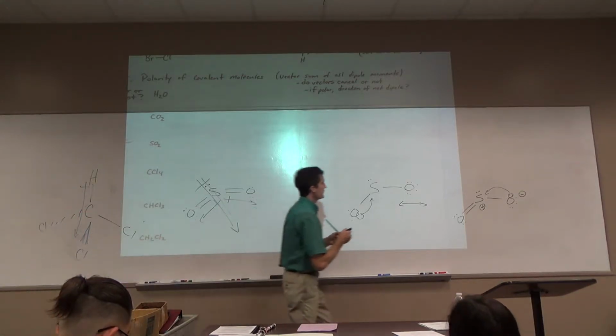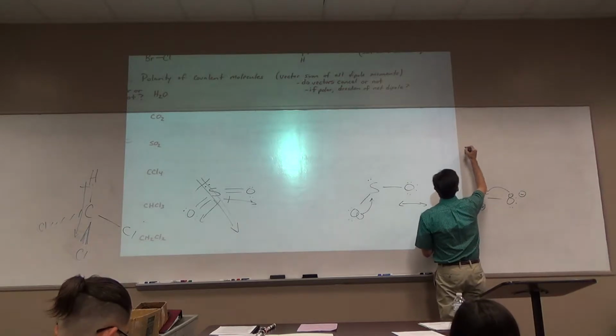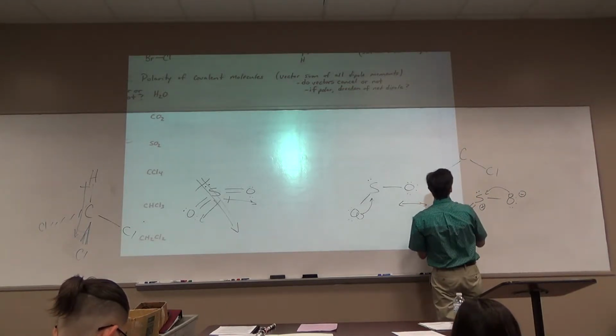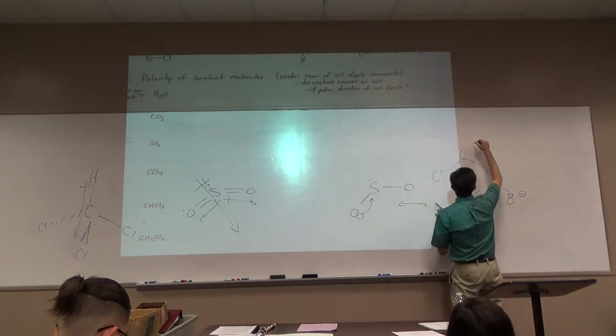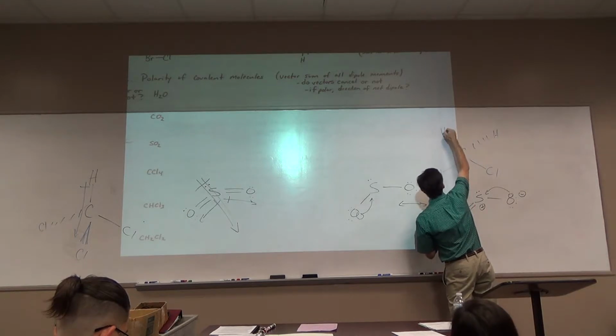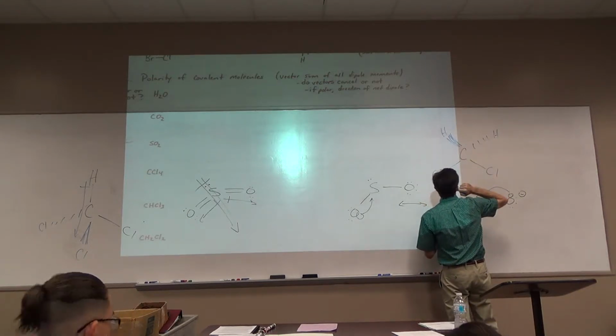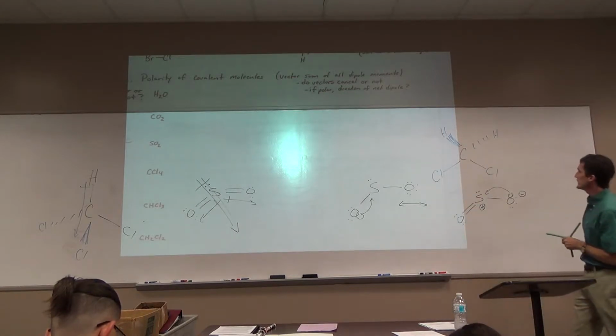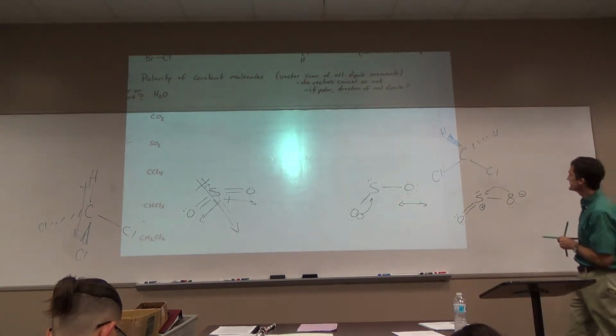We might be able to show this. If we show the 2 chlorines in the plane, and then maybe show 1 H like this and 1 H like this. Any drawing I would have to look at and say, is it a good representation?